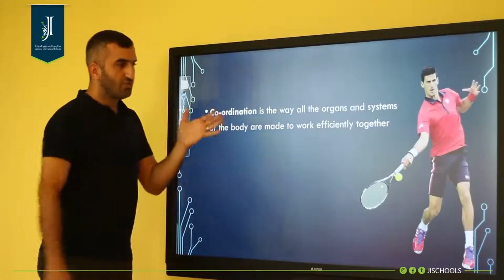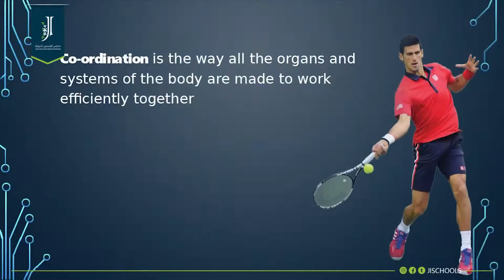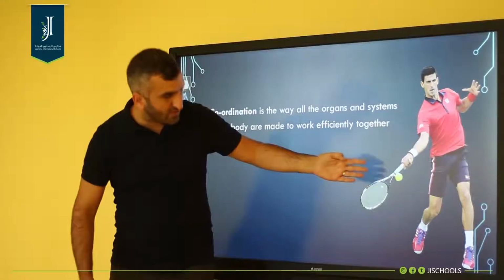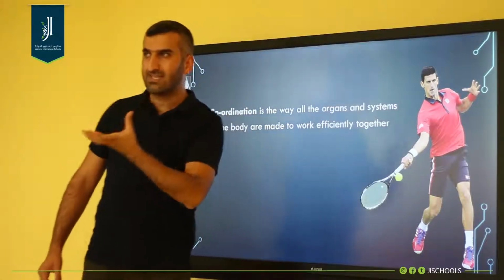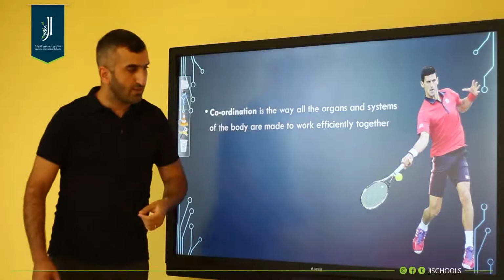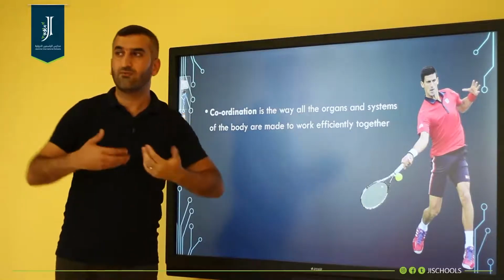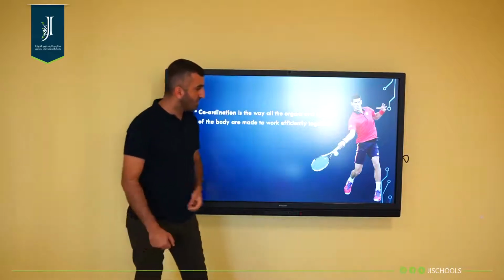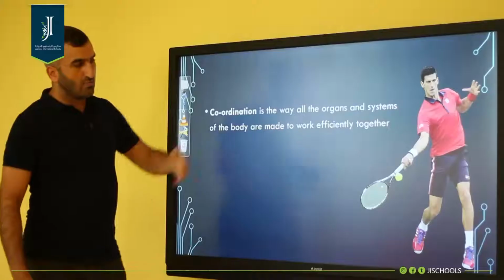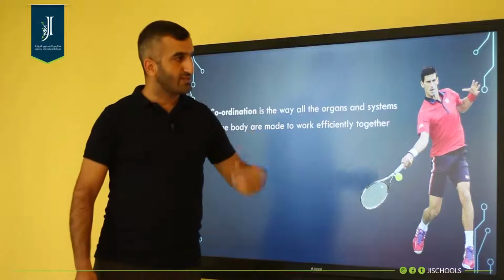So coordination, as we mentioned, covers different kinds of activities. Here we can see some movements. We are using the eyes to detect, for example, that this athlete can see the ball is coming, and then he should give a response, which is, let's say, movement of the hand using the tennis racket, movement of the legs, movement of the hands, and so on.